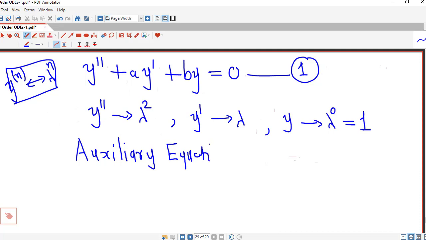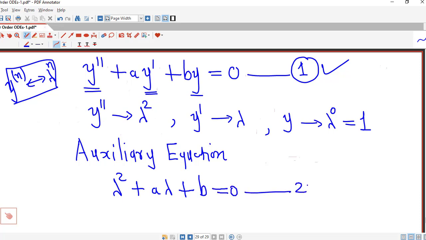So after replacing y'' by lambda square, y' by lambda and y by 1 in equation number 1, we obtain this auxiliary equation: lambda square plus a lambda plus b equal to 0. So the first step is we have to write down the auxiliary equation.